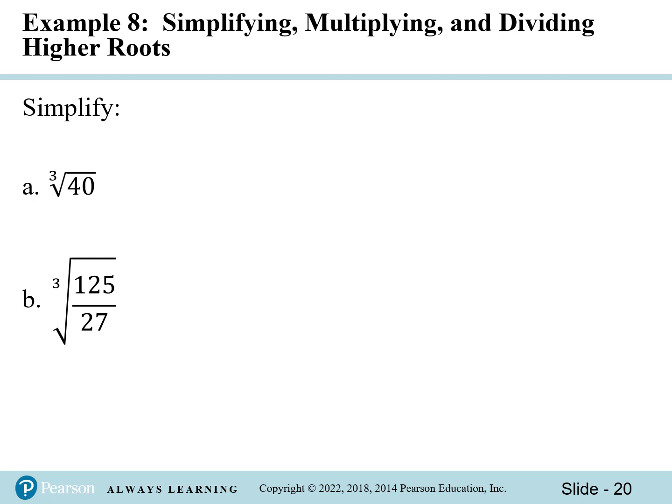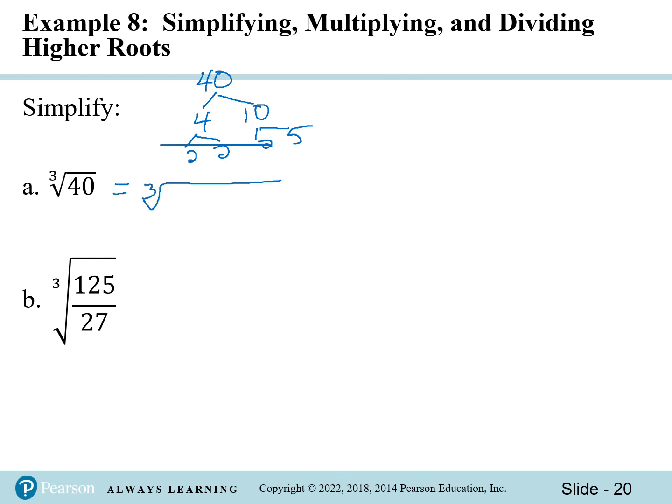Cube root of 40. So just like we did the prime factorization of 75 back when we were doing square roots, we're going to do the prime factorization of 40. And this time, instead of looking for pairs of numbers, we're looking for 3 of the same thing.